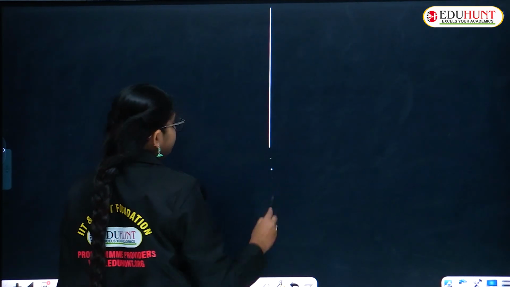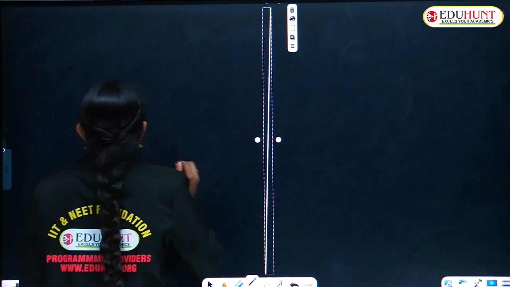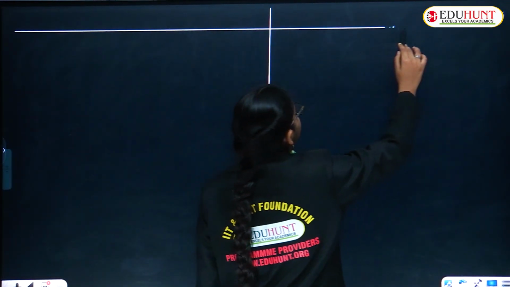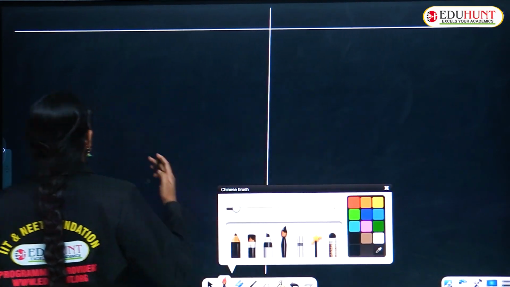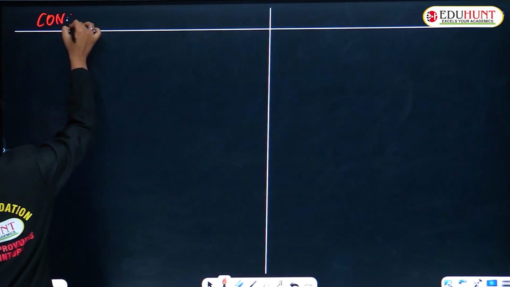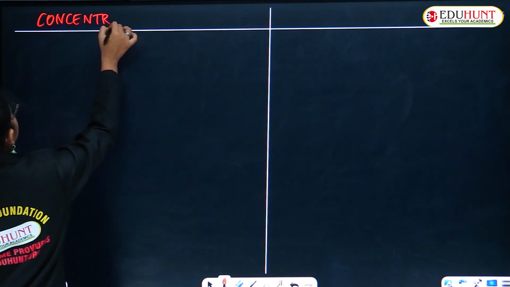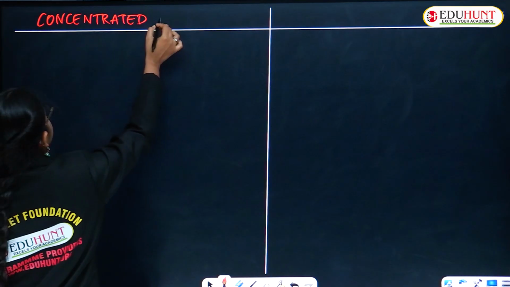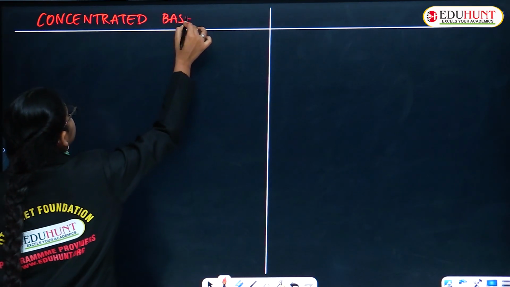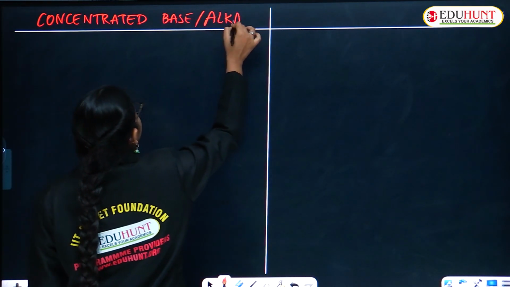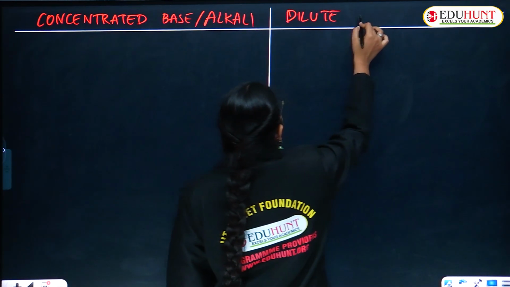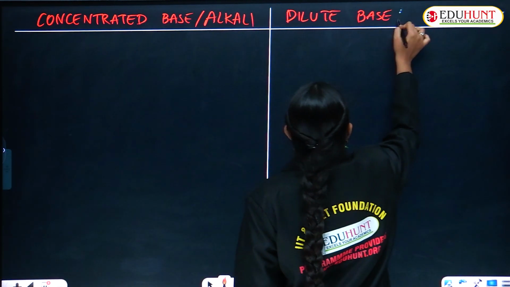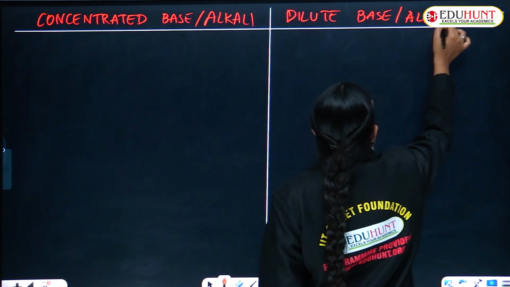Now the definitions of the concentrated alkali and the dilute alkali or dilute base. Here we go with the concentrated base or concentrated alkali, and now the dilute base or dilute alkali.